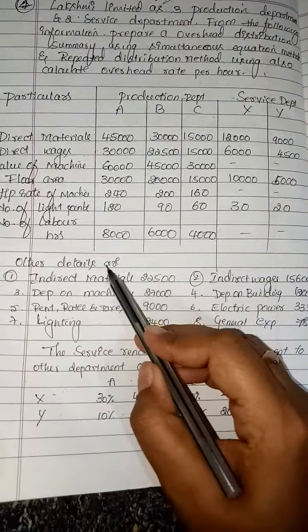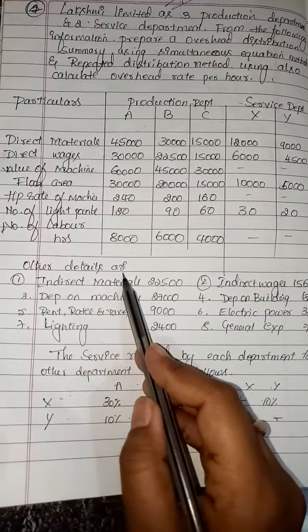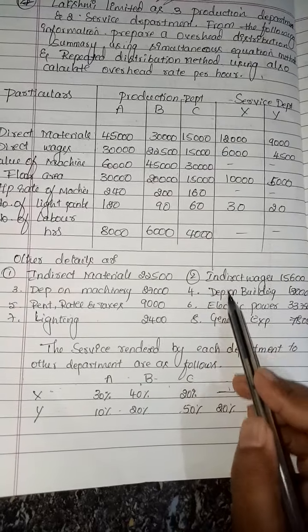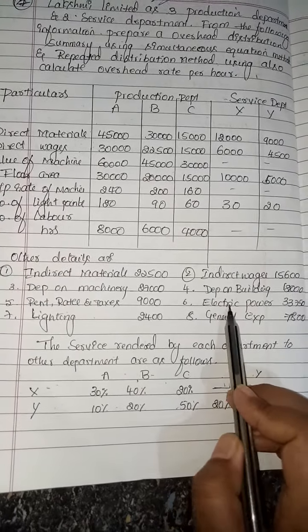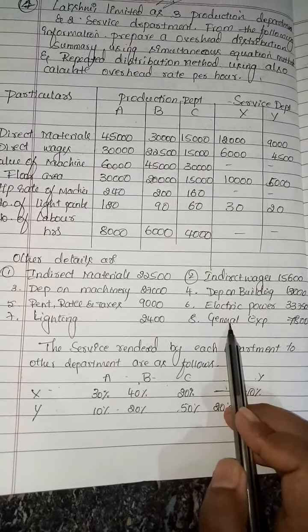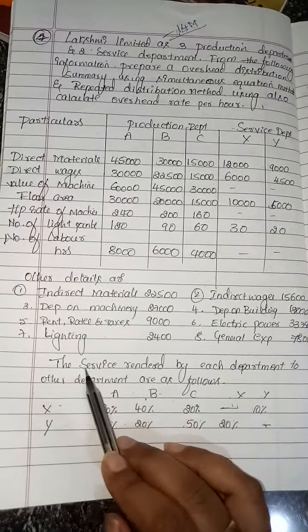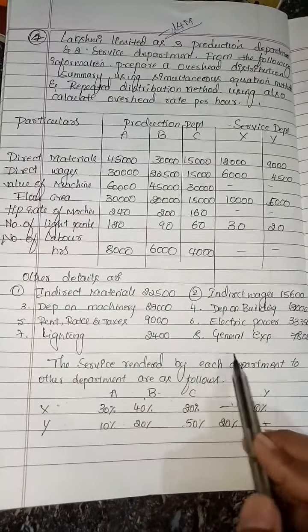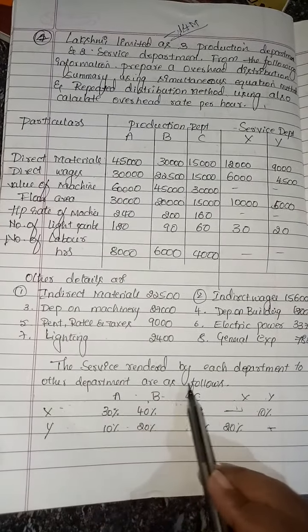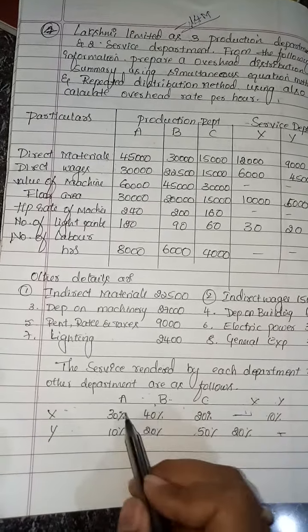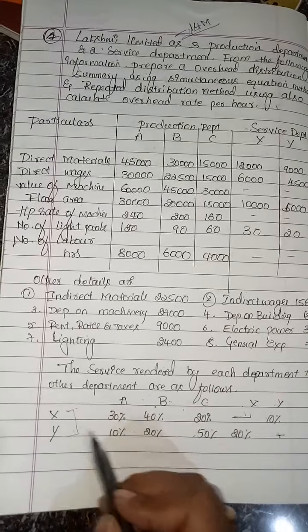They also mention the indirect expenses, like indirect materials, depreciation on machinery, rent and rates, lighting, indirect wages, depreciation on building, electric power, general expenses. They also mention the service rendered by each department to other departments. X and Y are the service departments.